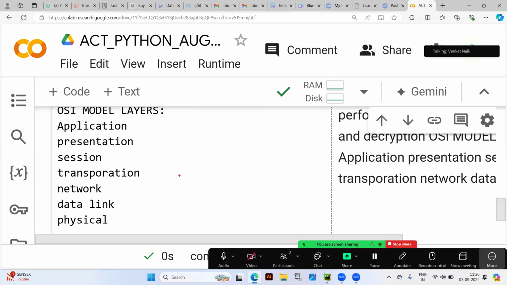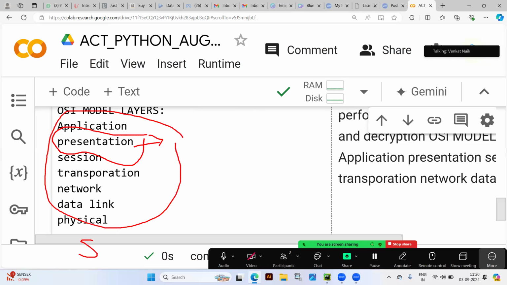What exactly happens during encryption and decryption? The presentation layer is the one layer that is responsible. See, this is the source computer, and this is the destination computer. The data will be transmitted between them. Here a hacker is trying to hack the information.